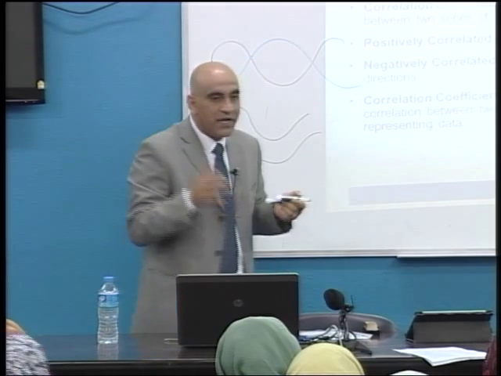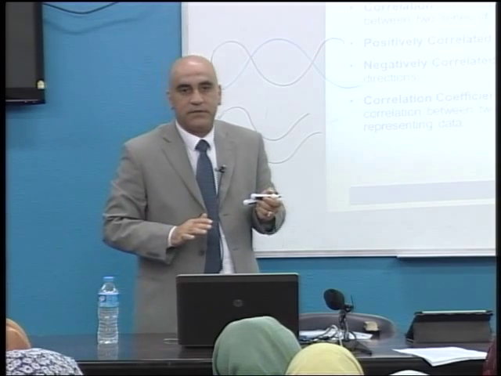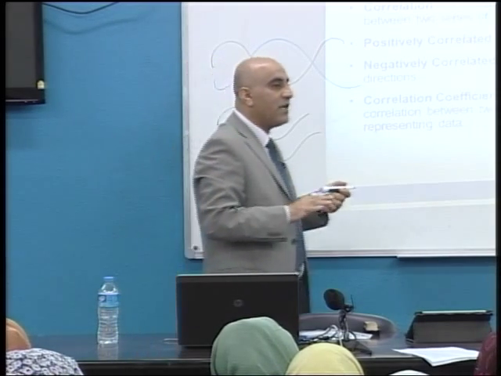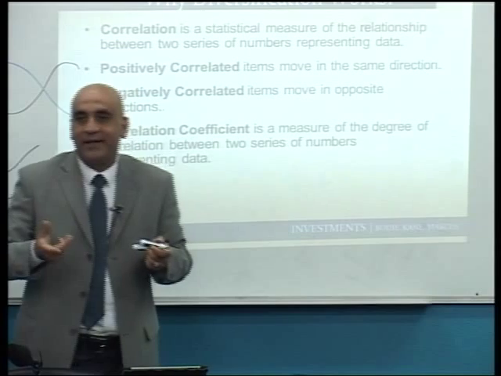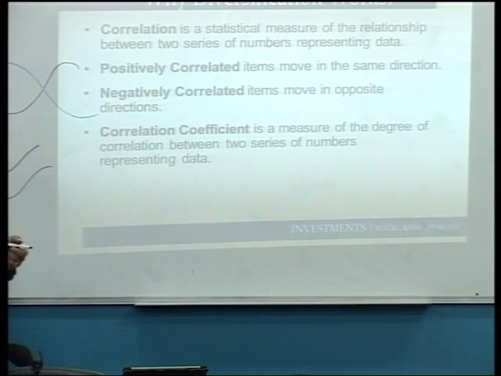We expect to have less correlated assets, because less correlated assets generate less sigma squared, or less standard deviation. So we prefer to have less rho.